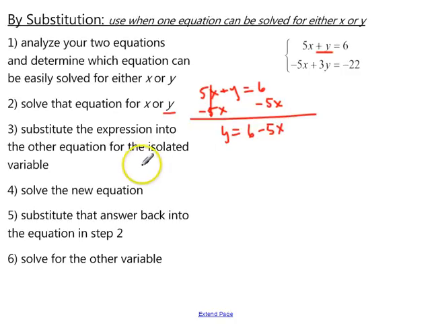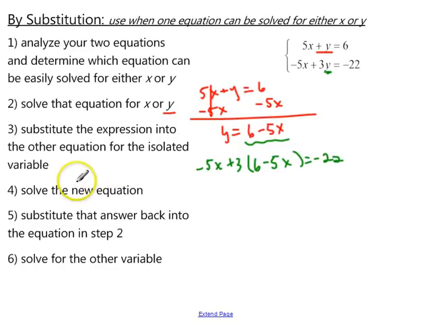Then, in step 3, it says substitute the expression into the other equation for the isolated variable. So we're going to substitute that expression in for y in the other equation. We have negative 5x plus 3, and instead of y, we're substituting in 6 minus 5x, equals negative 22.